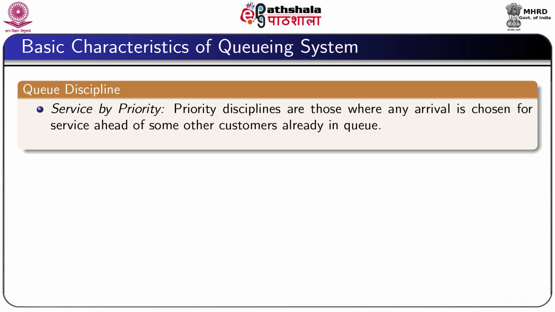In such a situation, what will the doctor do? The doctor may ask the patient with stomach pain to wait for some time, and he can give attention to the heart patient. Here, the doctor is giving service by priority, giving priority to the heart stroke patient.